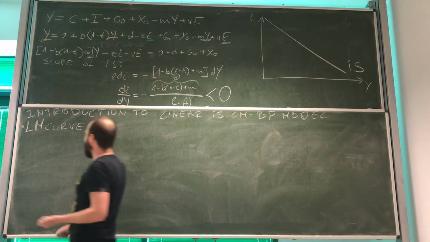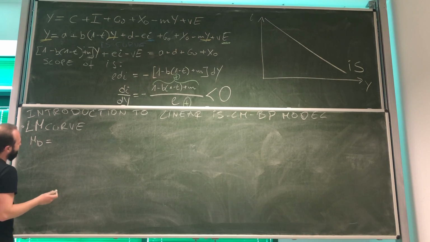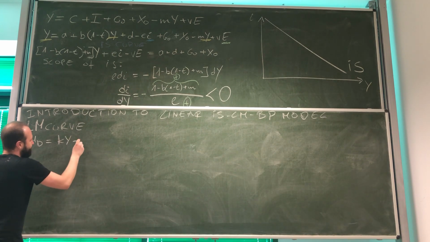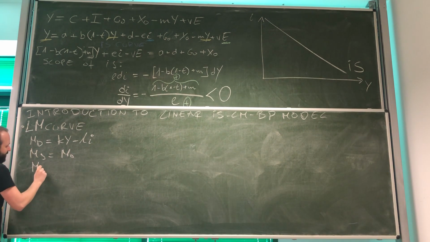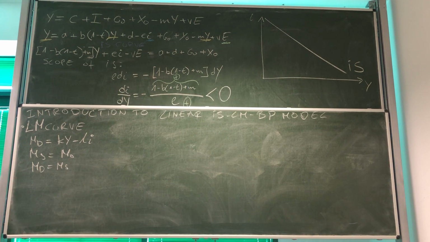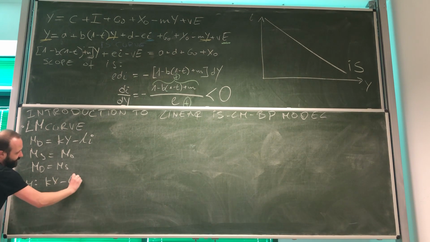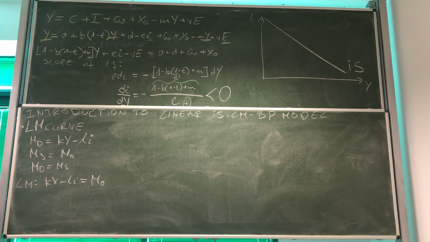So, in case of the LM curve, we will still have money demand given by KY minus LI, money supply set by central bank, and money demand equals money supply equilibrium condition, right? So LM still has the formula KY minus LI equals M0. This is our formula for the LM curve.